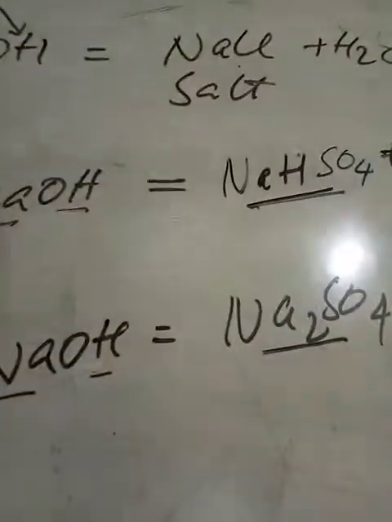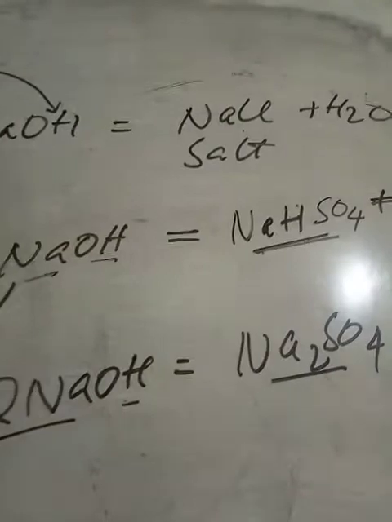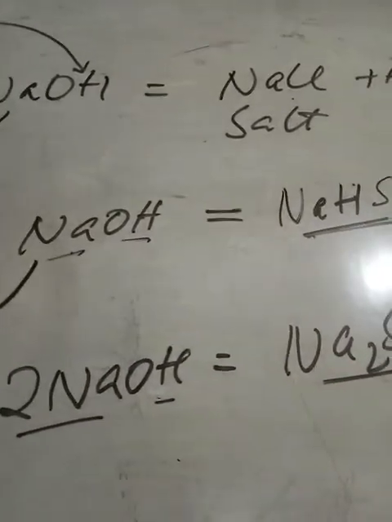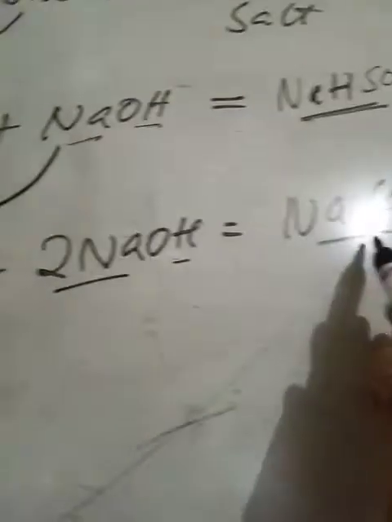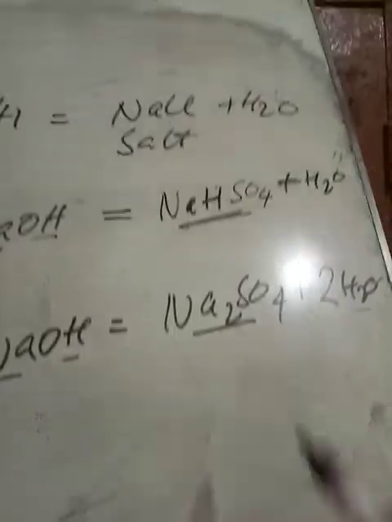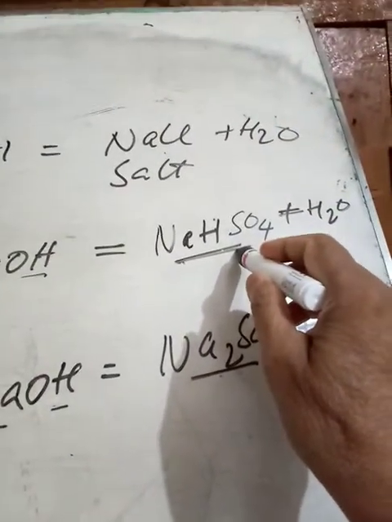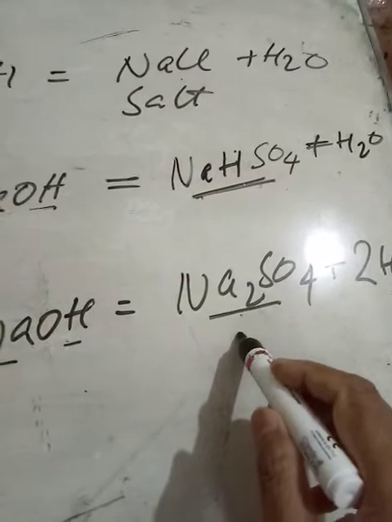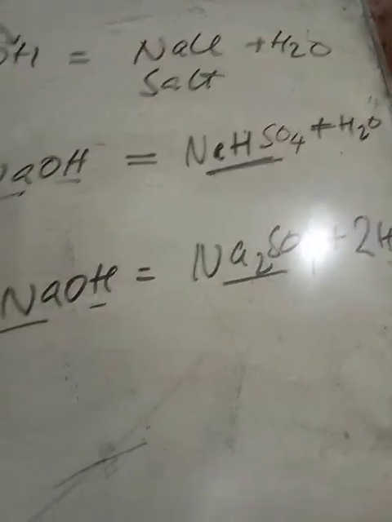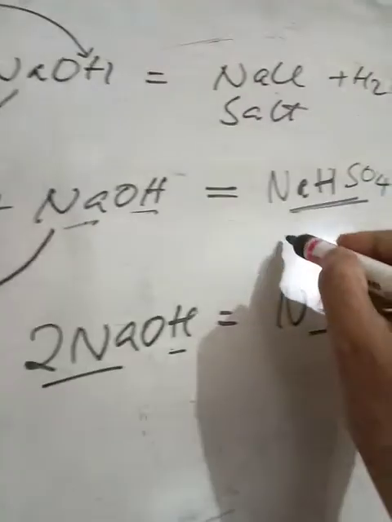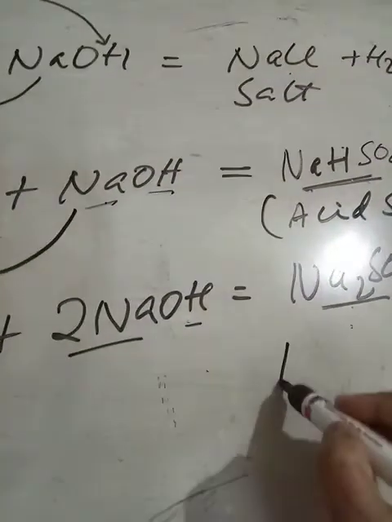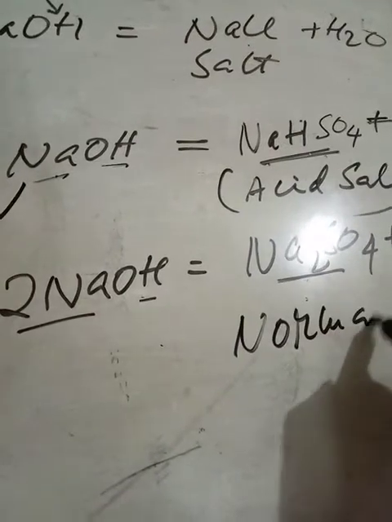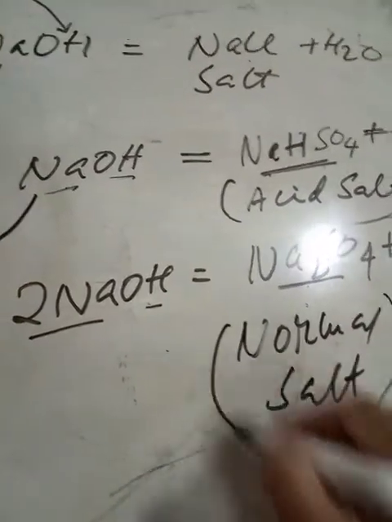In one, the hydrogen has not been completely replaced, and here the hydrogen of H2SO4 has been completely replaced. Here this is called acid salt, where partial replacement of hydrogen occurs, and this is called normal salt, where full replacement of hydrogen happened.